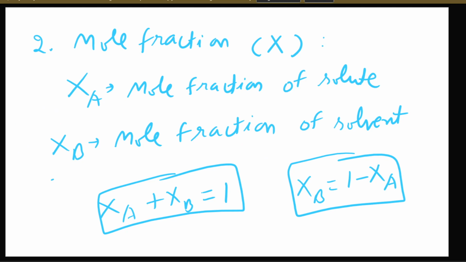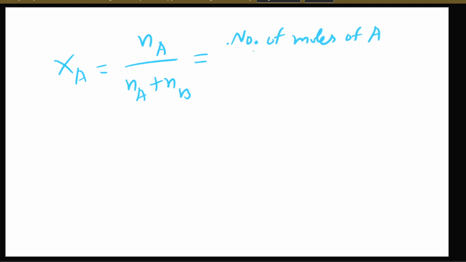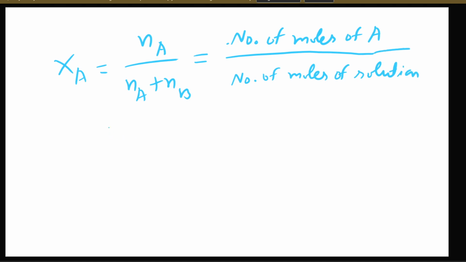The formula of xa is equal to the number of moles of A divided by the total number of moles of solution. Here A is the solute. In a solution, solute and solvent are both present, because solution is equal to solute plus solvent.